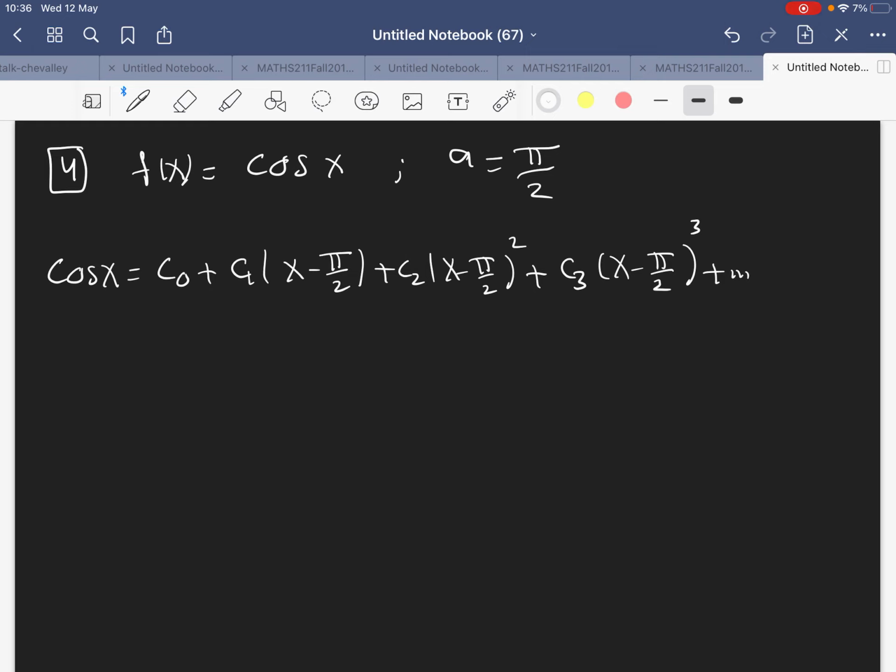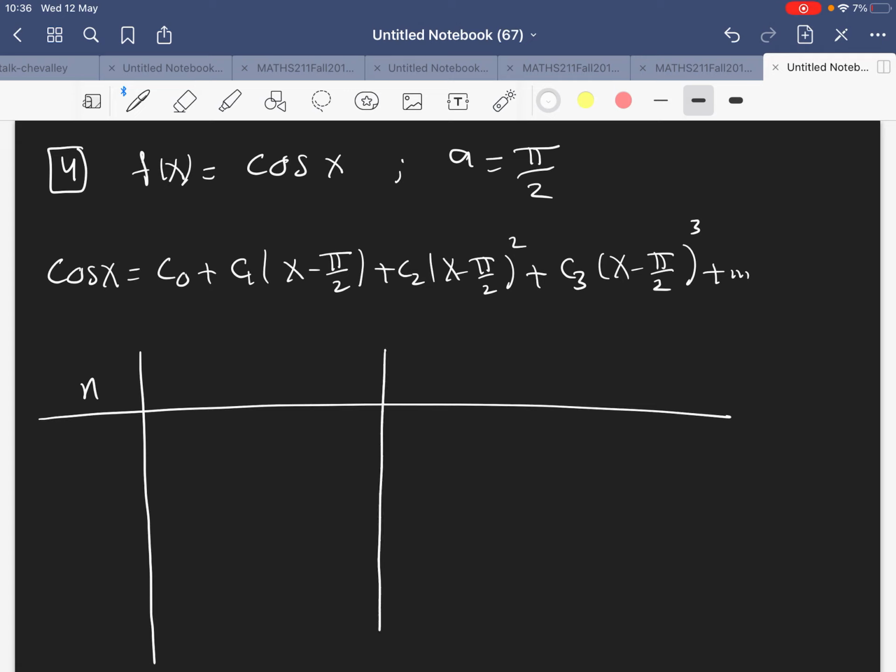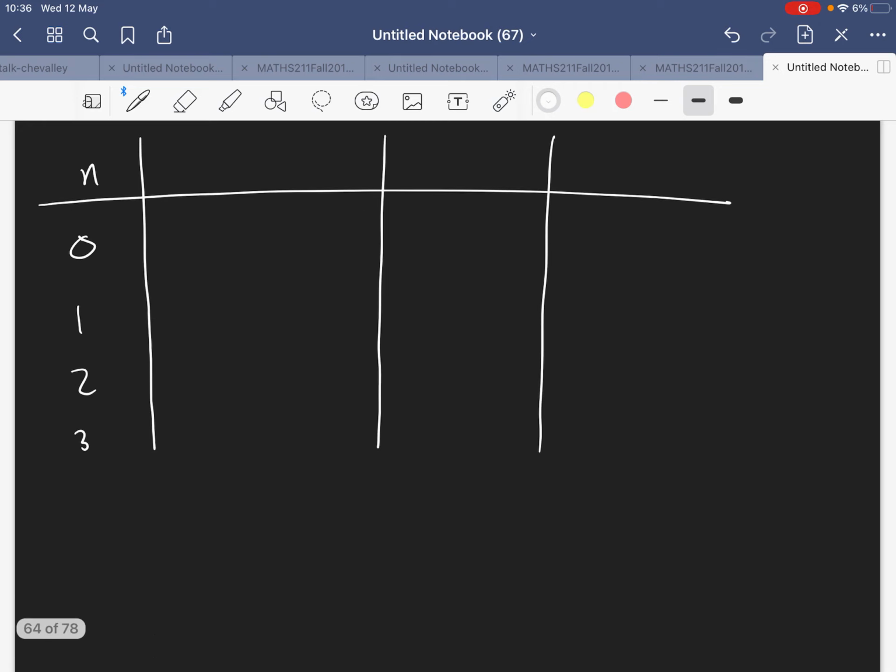Again, we need to make our table up here: 0, 1, 2, 3, 4, 5, 6.